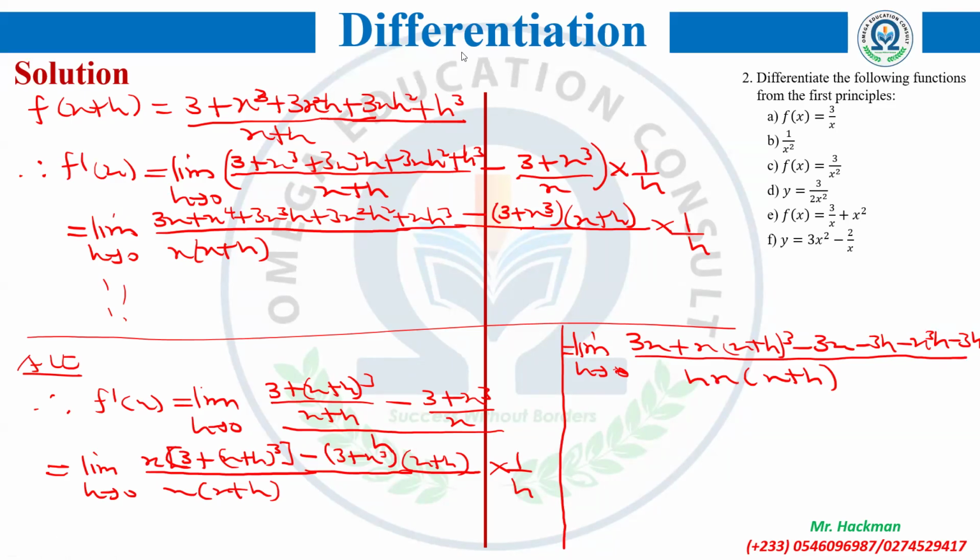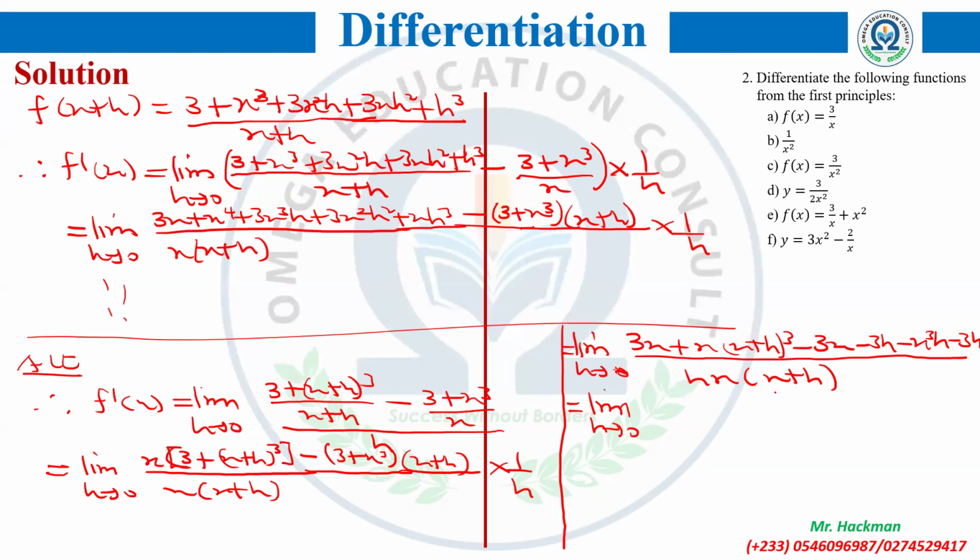Okay, all right. So at this point, this is what we are going to do. We are going to have this equal to the limit as h approaches 0 of, you know that this and this will go, am I right? Yes, please. That will go.